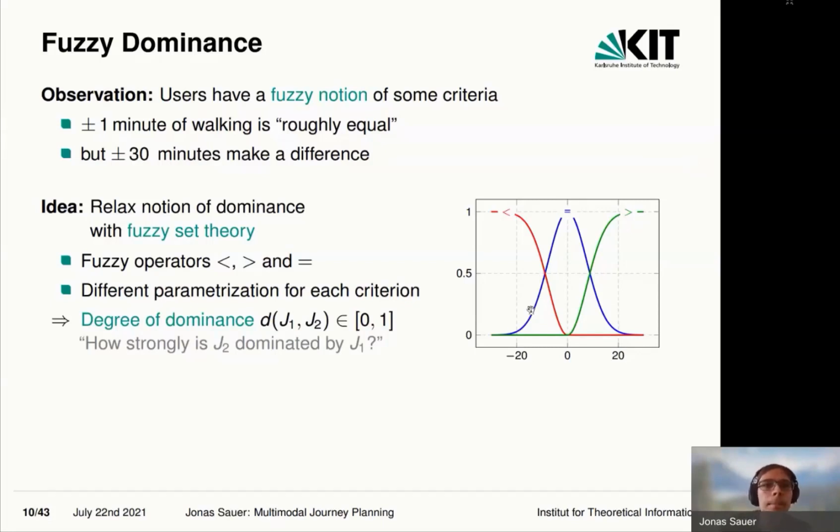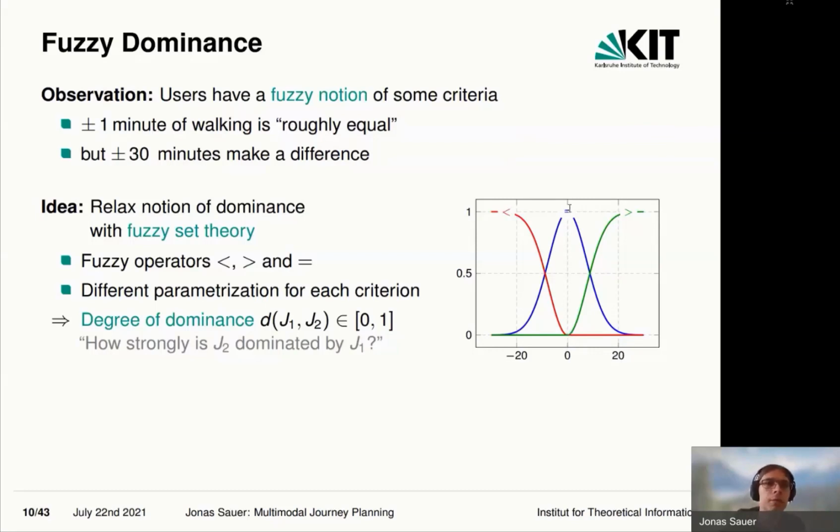If we look at that plot on the right over there, we have on the x-axis the difference between the solutions in our criterion, and on the y-axis we have the degree of equality or being smaller than. If the solutions are in fact exactly equal, then we would say that the fuzzy equality is 1, and the fuzzy smaller than and greater than operators are 0.